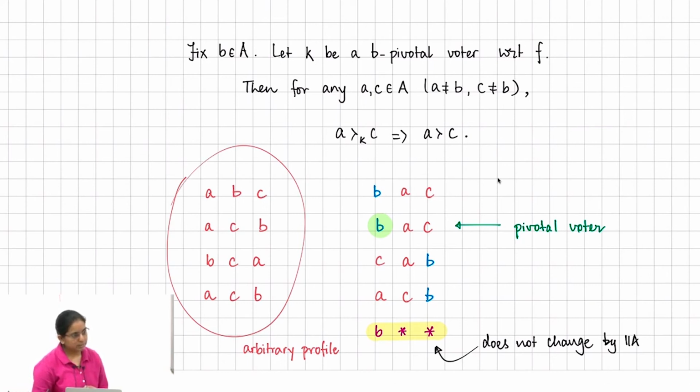Okay, the third voter. So the third voter you want to change to ACB. So you've essentially switched the places of A and C. Is this to achieve unanimity on A and C? Okay, I see.